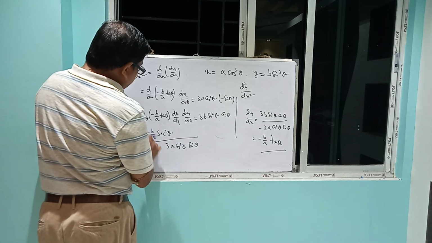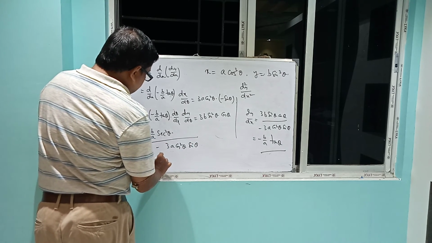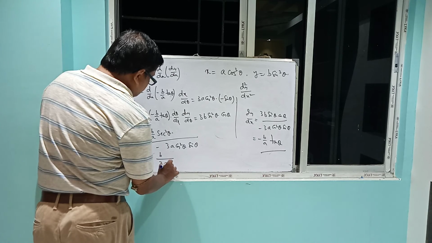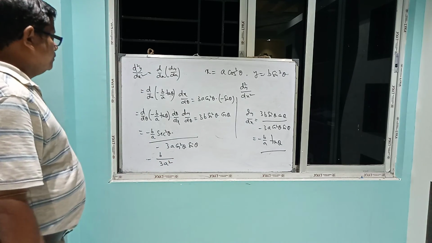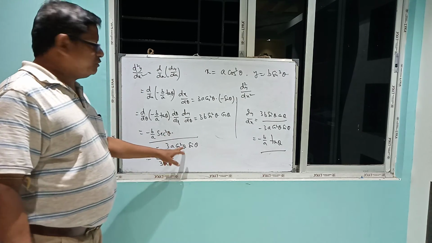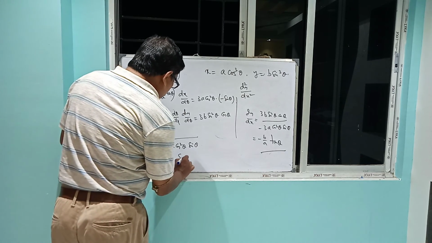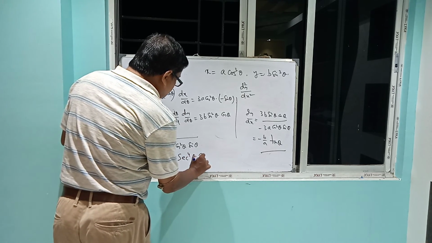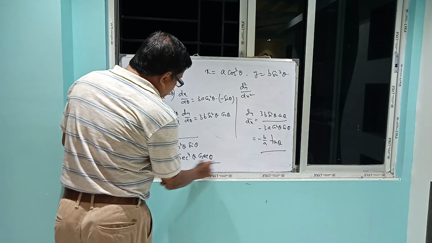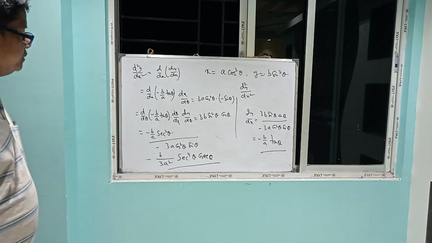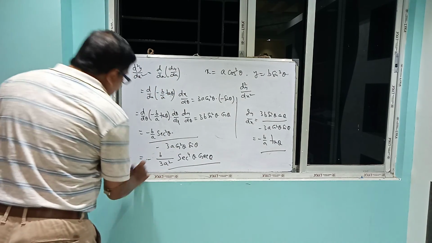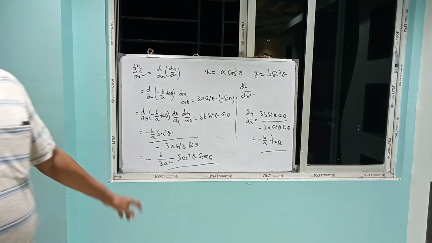Both minus make plus. So b by 3a square, here sec square theta, here cos square theta, so it will be sec to the power 4 theta cosec theta. Keep in mind, this is the answer.